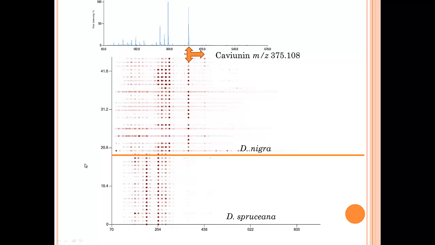So in this particular case and in this heat map, you can see that Delbridgia nigra, with the presence of caveunine, can be distinguished immediately from Delbridgia spruciana by the presence or the absence of compounds found in one or the other species. And for those of you who have struggled with the anatomy of these two species, know that determining Delbridgia nigra and Delbridgia spruciana using traditional anatomical features is very difficult.